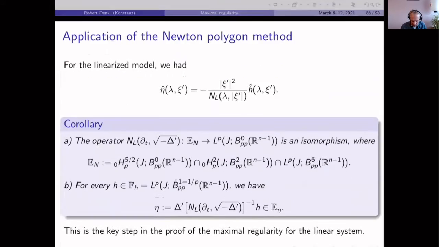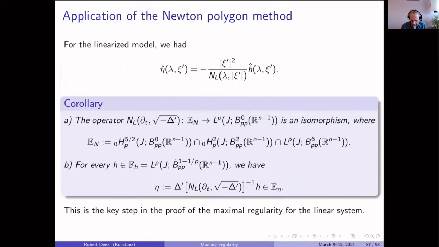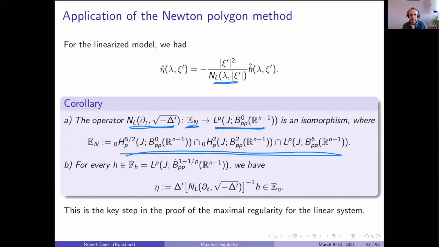And then we get the following result. So we just study this NL. The operator related to the symbol is an isomorphism from some Newton polygon space to the basic space, which is of order 0. And this space is defined as an intersection of these spaces because it's a Newton polygon. Note that here I'm not in the LP setting, but I have chosen the Besov scale.